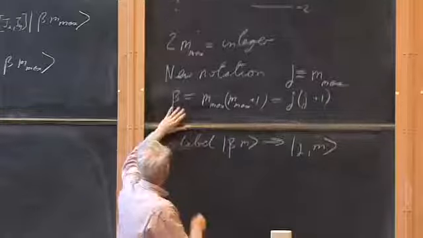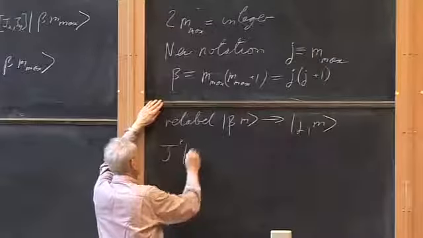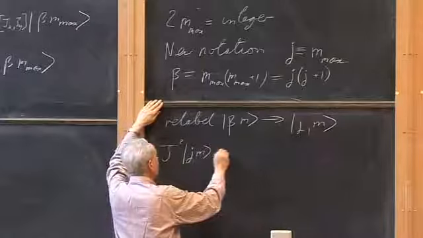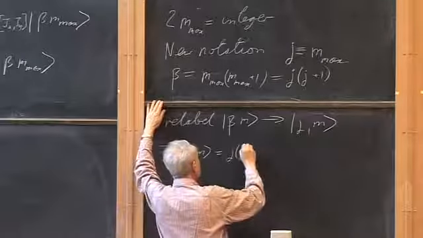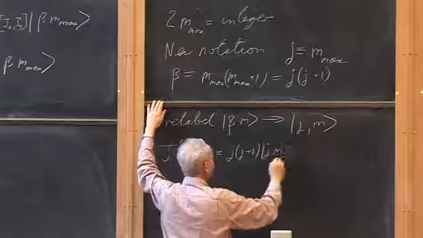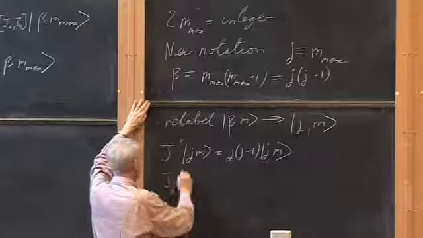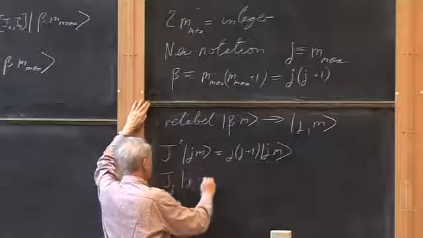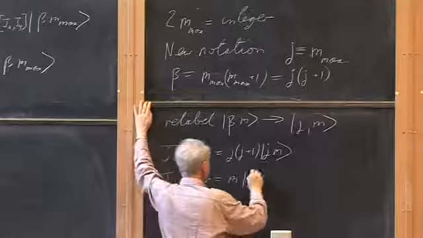That is to say, we have that j squared on jm is equal to j plus 1 jm. And we have that jz on jm is equal to m of jm.